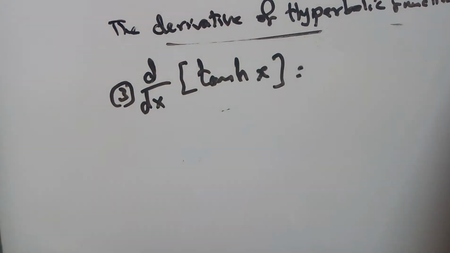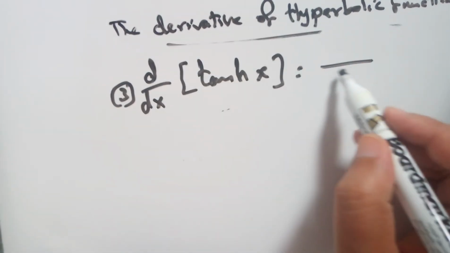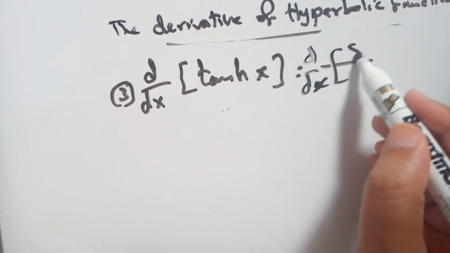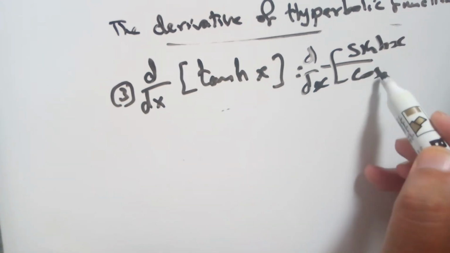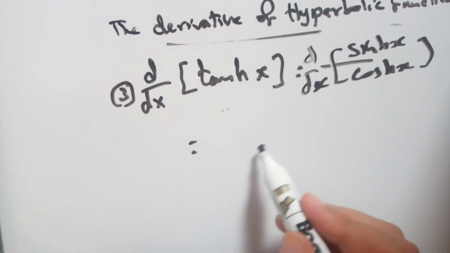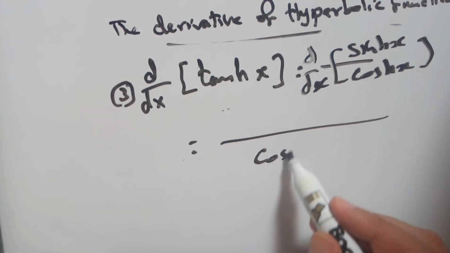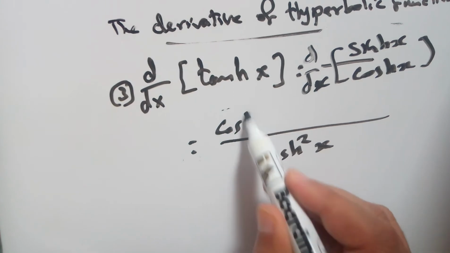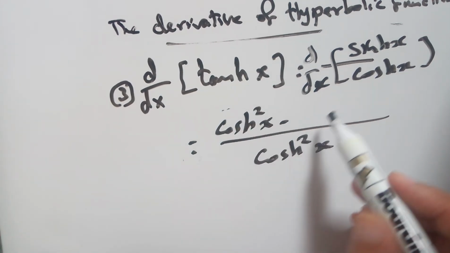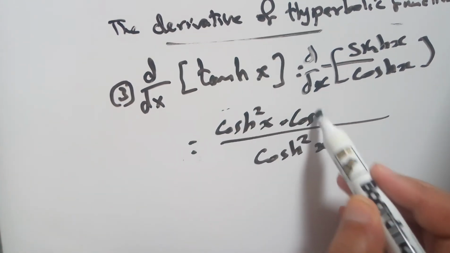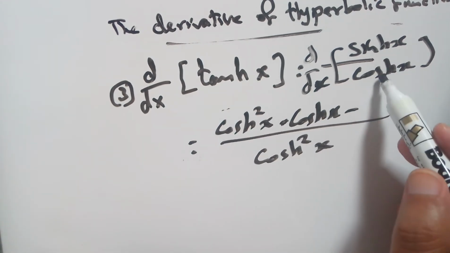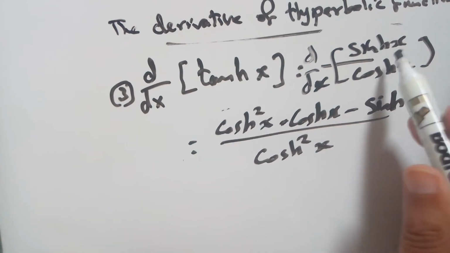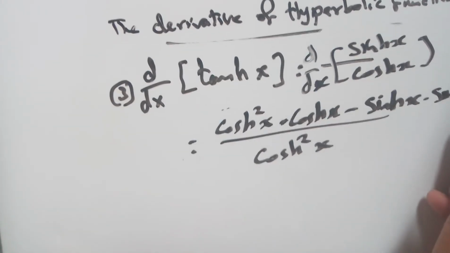directly, the derivative for hyperbolic tangent is the derivative with respect to x for hyperbolic sine x over hyperbolic cosine x, and this is the easier way. Then down it is hyperbolic cosine squared x, and the derivative for sine is hyperbolic cosine x multiplied by hyperbolic cosine x, minus the derivative for hyperbolic cosine, which is hyperbolic sine, multiplied by the numerator hyperbolic sine x.